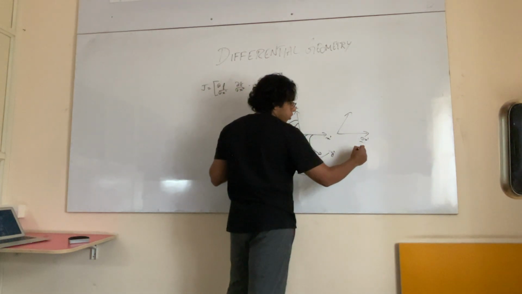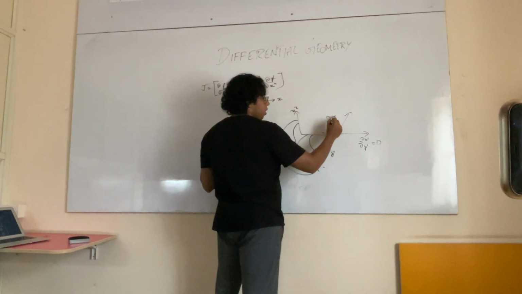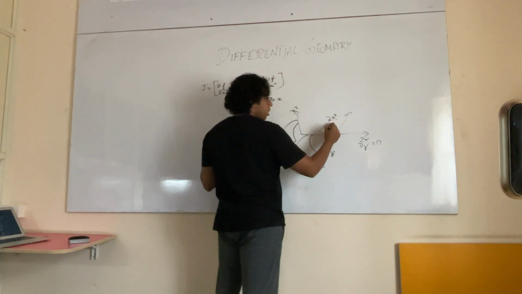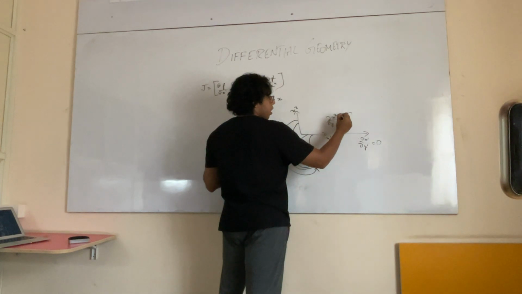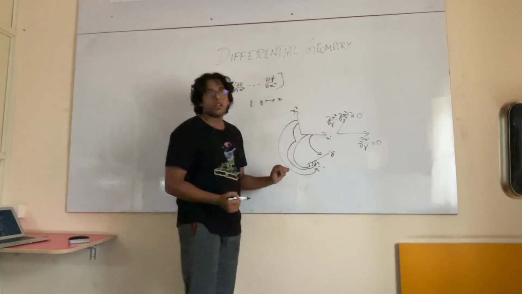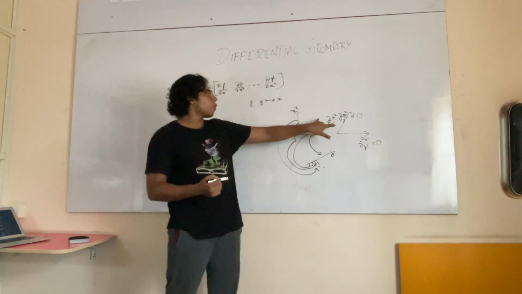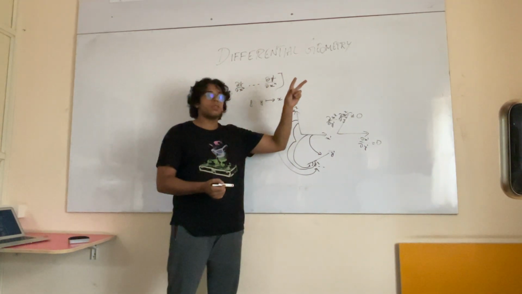So the Jacobian here, ∂x1/∂y1 will be 0. However, ∂x1/∂y2 and ∂x2/∂y2 will not be 0. So essentially it gives you some sort of constant indicating that the vector has changed by a certain degree.